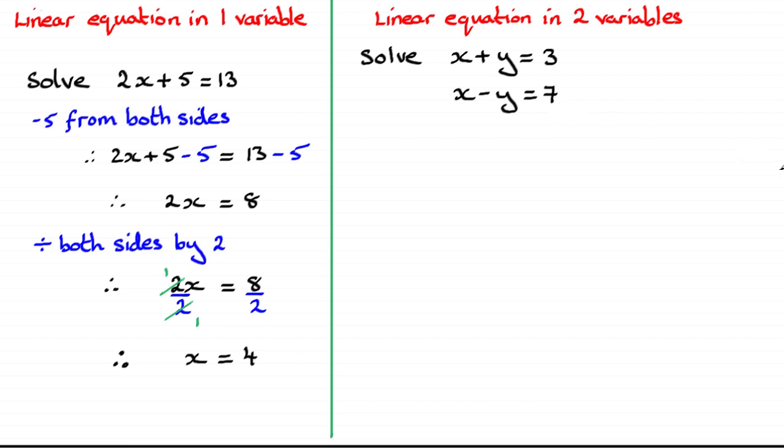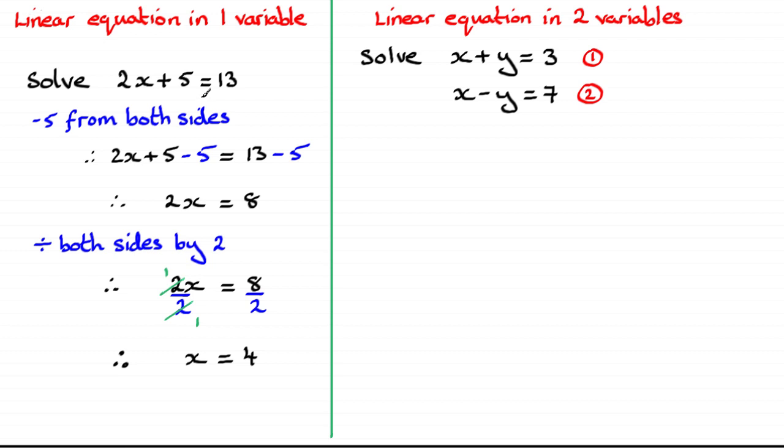Who will be the first to come out with an answer? While I'm waiting, I'm going to take you through the method if you haven't done it. What we do is we number the equations 1 and 2. And what we need to do is eliminate one of the variables, because if we eliminate one of the variables, we get an equation in one variable, as we did in the first example.